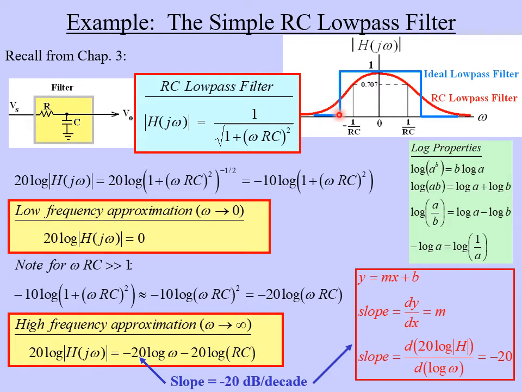Also remember that this is the frequency response plotted. This is not a Bode plot. This is just the magnitude of H of j omega versus omega, and this red curve shows the frequency response, and it's compared to an ideal low-pass filter here in blue.